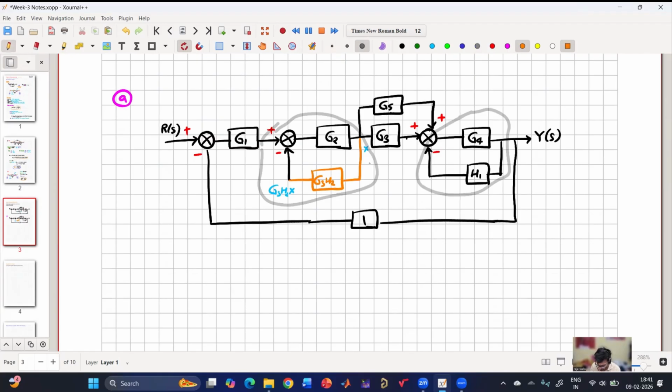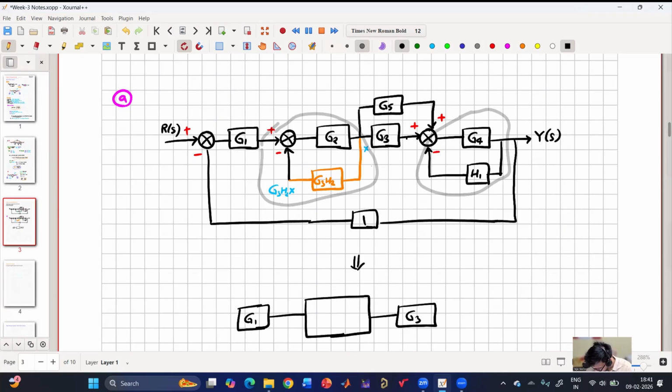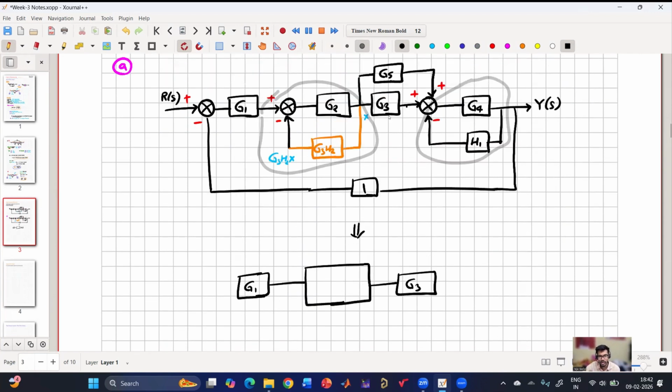If I redraw, what will be those gains? This is that gain block that is modified. And then G3 and G5 can be added, right? So this is G3 and G5, and it will be G3 plus G5.